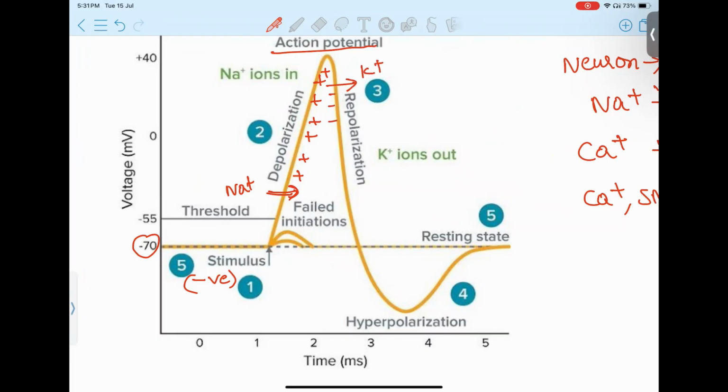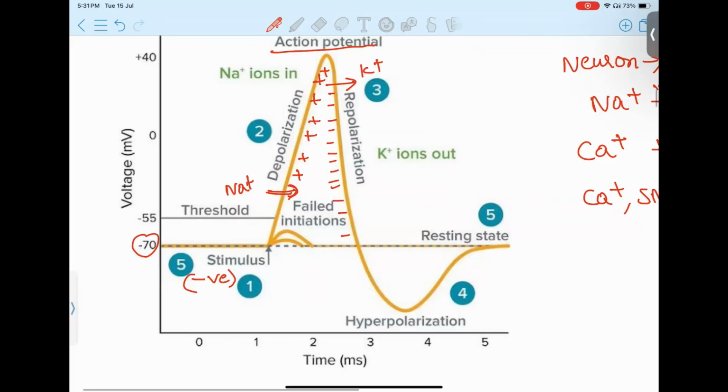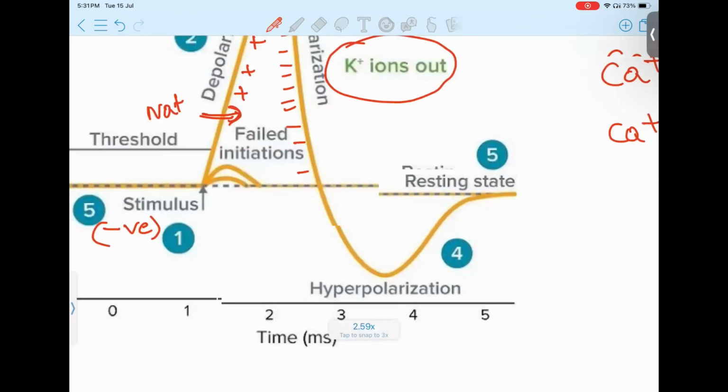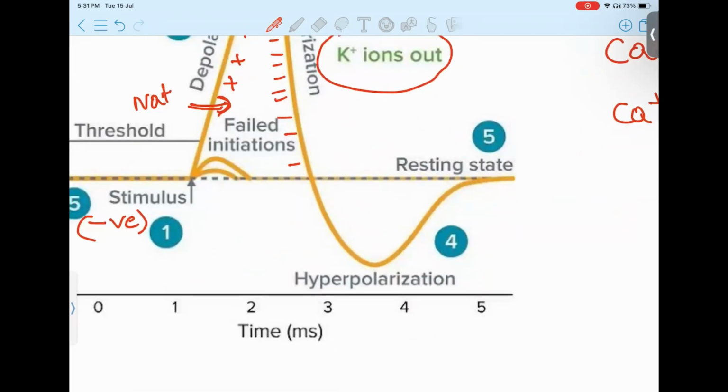The positive ions going out from the cell cause the repolarization. What is hyperpolarization? The more and more potassium goes out, the more the cell reaches the hyperpolarized state.